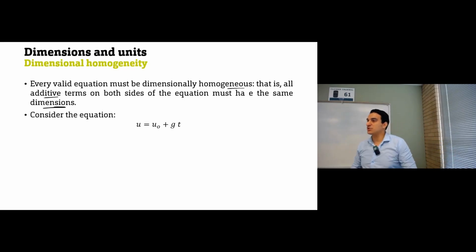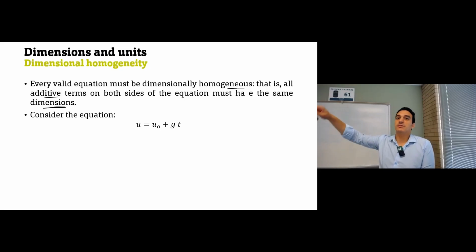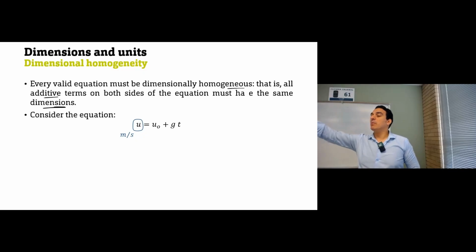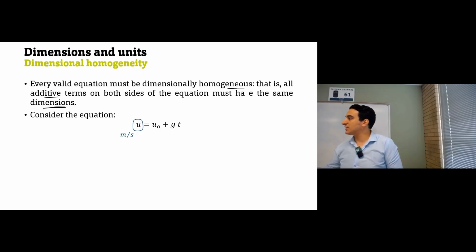If I give you this equation, u equals u0 plus gt, and I tell you u is velocity, so the unit of u is meter per second. Now the left side of the equation is meter per second. Dimensional homogeneity means that the right side of the equation must be meter per second. Each additive term of the right side should have the same dimension and the same unit.